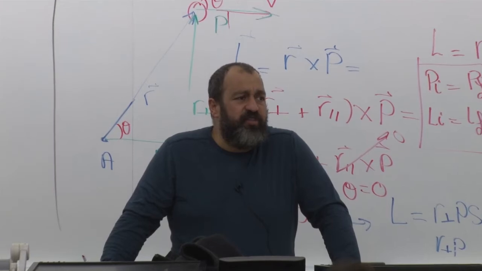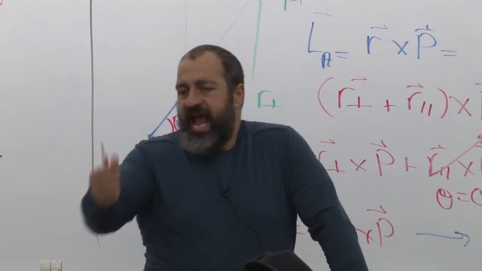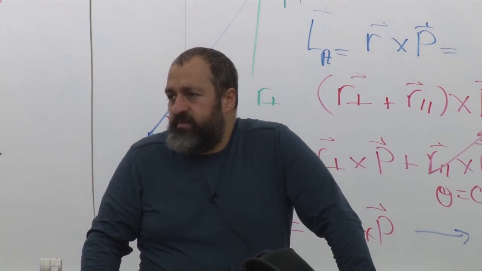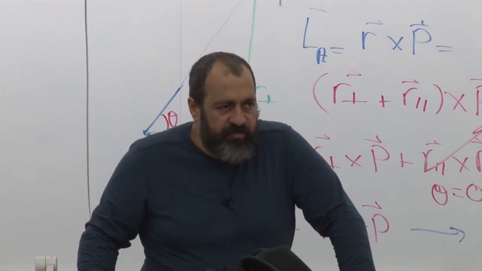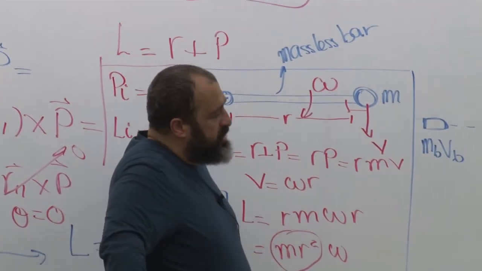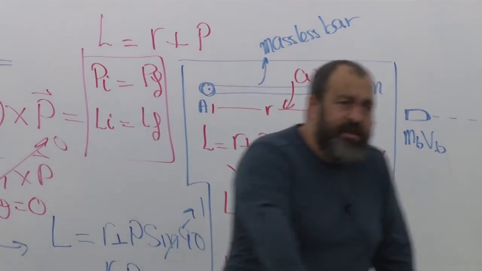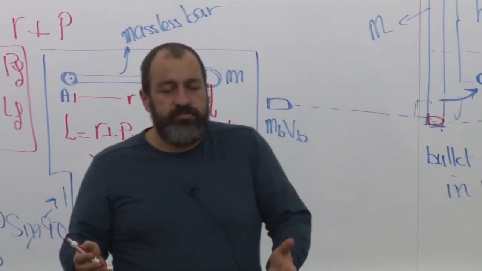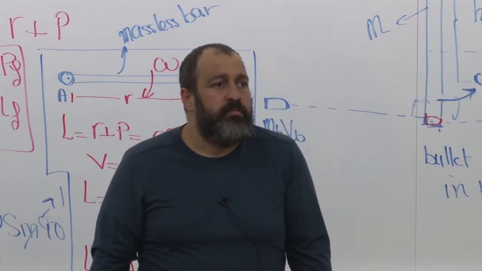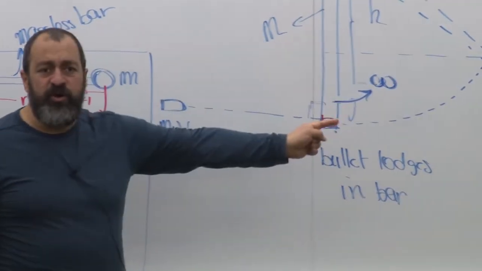If there are no external forces acting on the system, angular momentum is conserved, as is linear momentum. We can prove it very easily. You go from one to the other, it's pretty easy. So now, after the collision, we have angular momentum. Before the collision, do we have angular momentum? Yes. None for the bar, but the bullet is part of the system too.